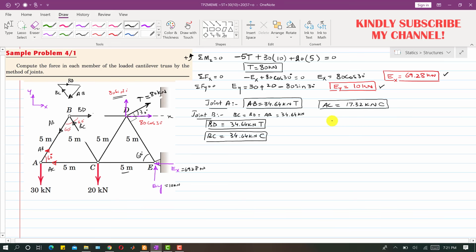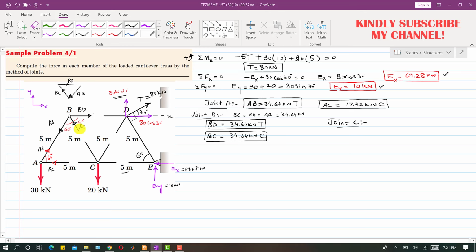Now we will consider joint C. Let me isolate this joint C from the remaining members. Now we have more than 3 forces, so it will be difficult to specify all the directions correctly.